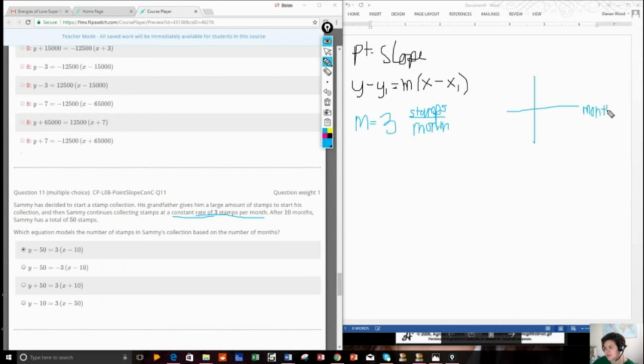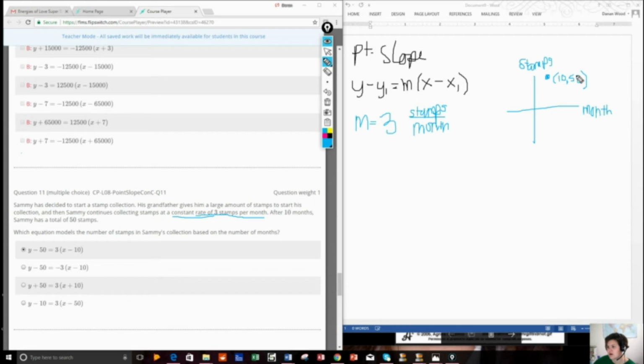The months do not depend on the number of stamps. The number of stamps depends on how many months. So 10 months, 50 stamps. We go over 10, up 50.